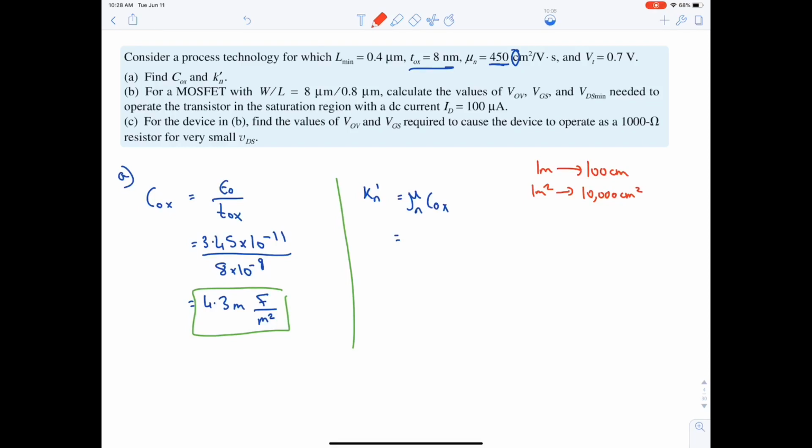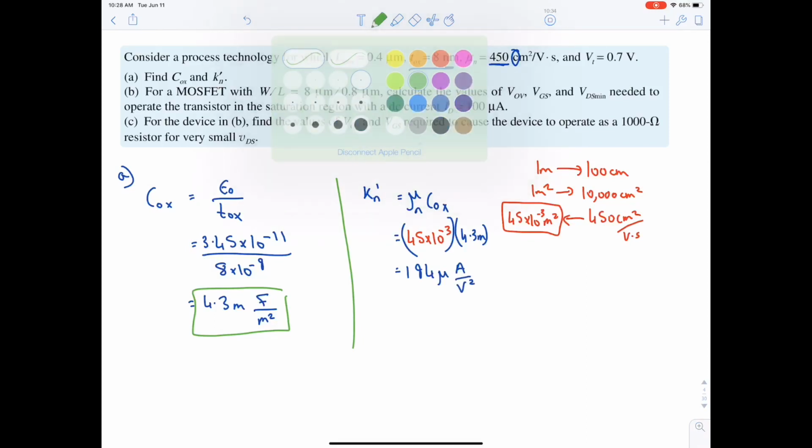Now we have 450 centimeters square divided by Vs. This will result in 45 times 10 to the minus 3 meters squared. So here 45 times 10 to the minus 3 multiplied by 4.3 milli. This will give us 194 microampere over V squared.